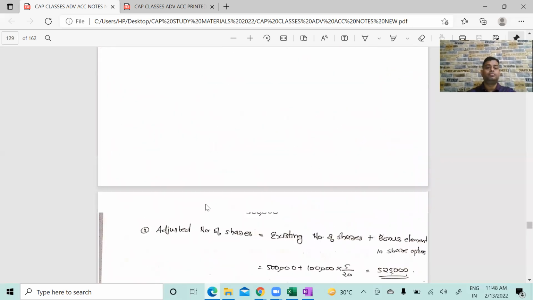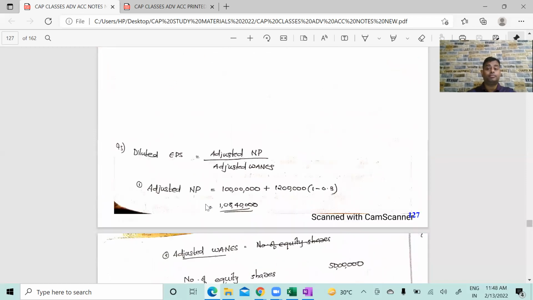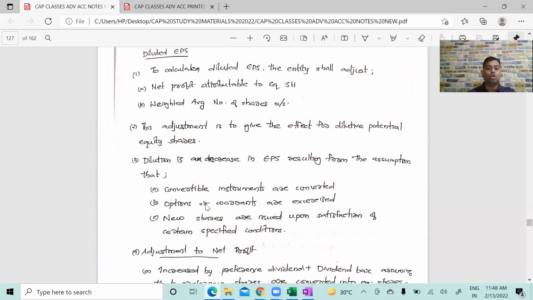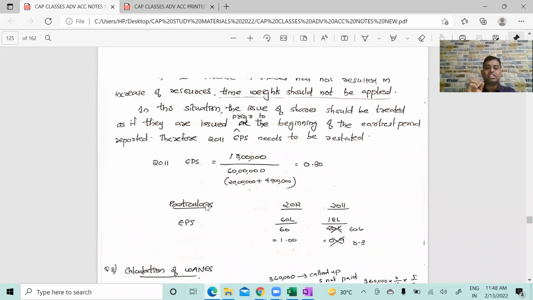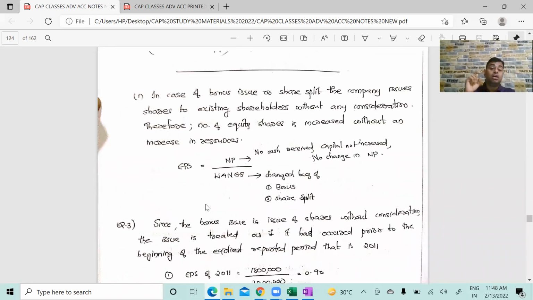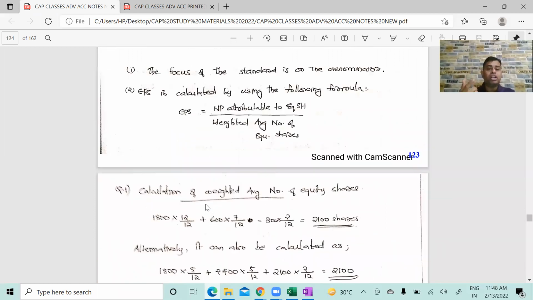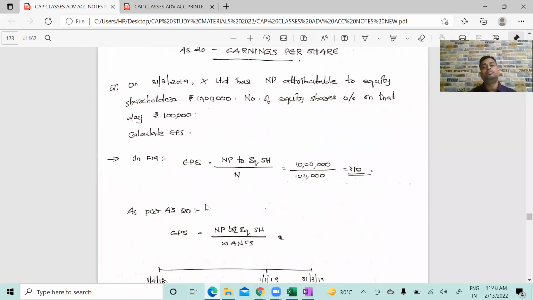This one. AS 20 is very important. The handwritten notes are there with you, a complete step-by-step solution with explanation. And the video is already uploaded in your mobile app, and you have questions and answers.